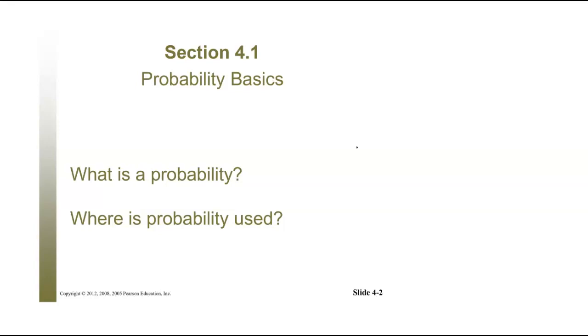We see probability all the time. What's the chance something's going to happen? One of the biggest places, of course, is a casino. Every game in a casino is based on probability. What's the chance that you are going to pull the lever on the slot machine and get a winning combination?